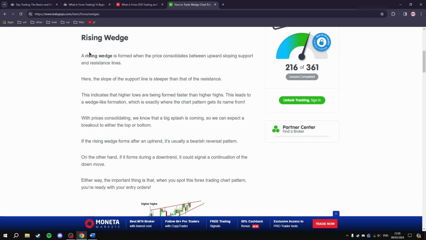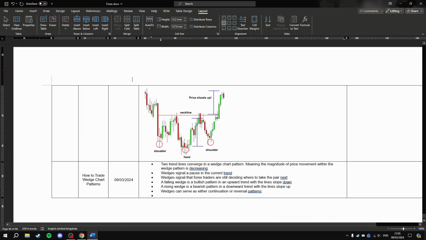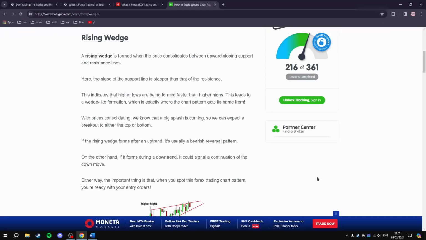The rising wedge. A rising wedge is formed when the price consolidates between upward sloping support and resistance lines. Whoops, this is the falling one. Rising.